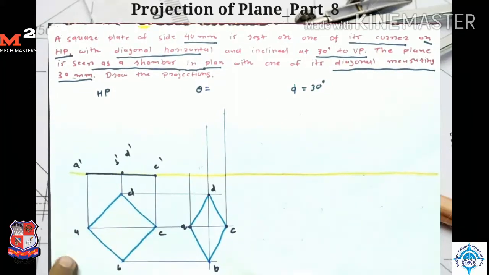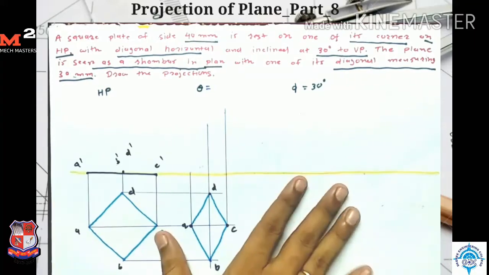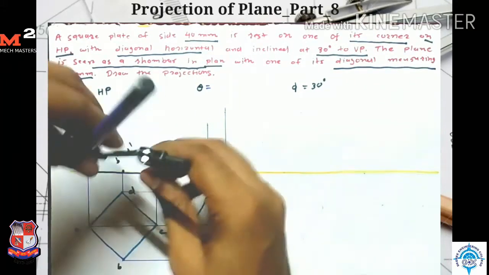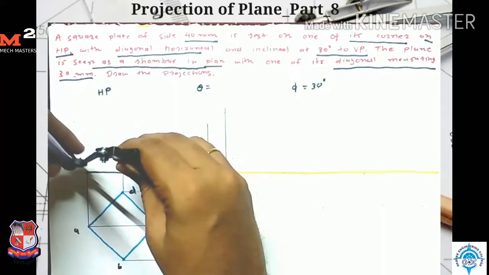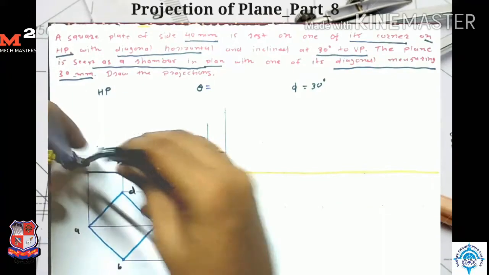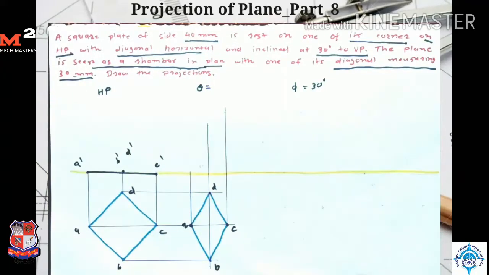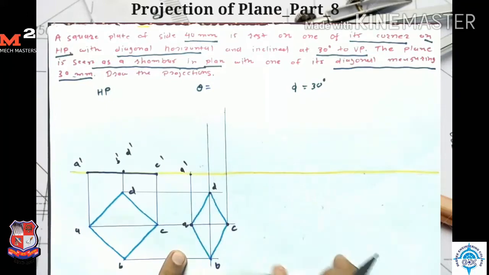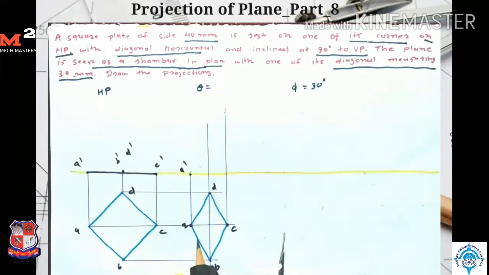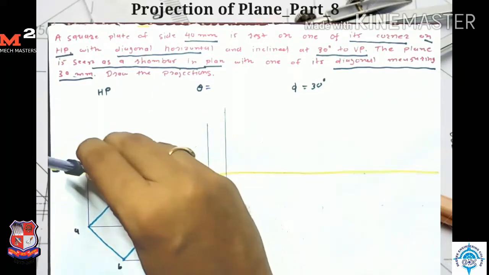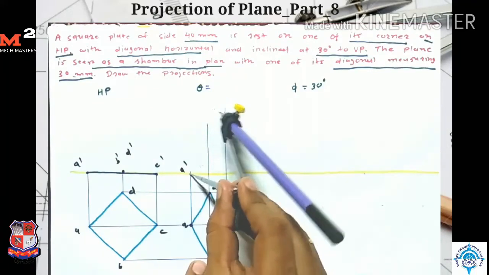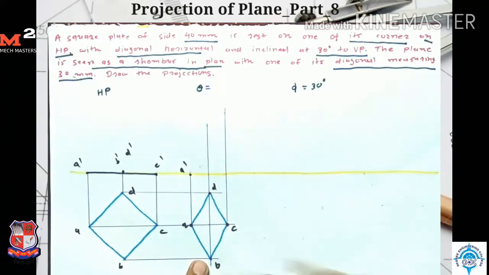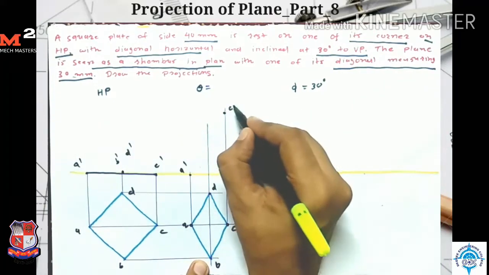So I take A dash C dash as a radius. The plane is resting on A dash corner, so point A is always on this reference line, so here I mark the point A dash. Now for point C I take A dash C dash as a radius and A dash as a center. Draw one arc which intersects the projection line of C here, so here I get my point C dash.